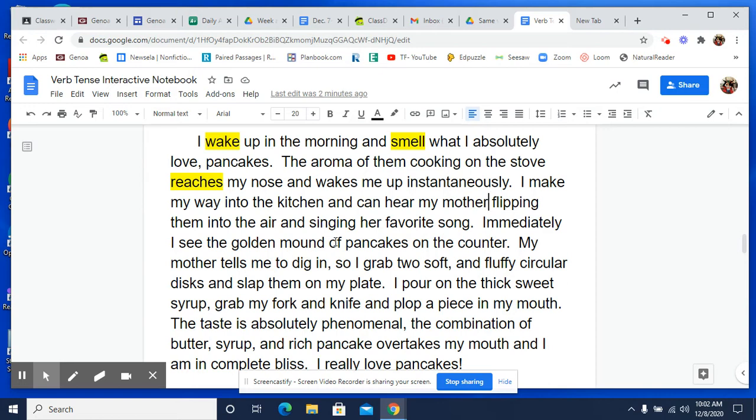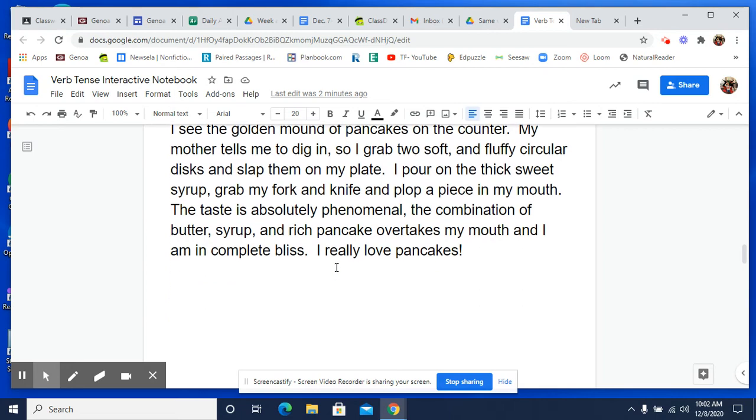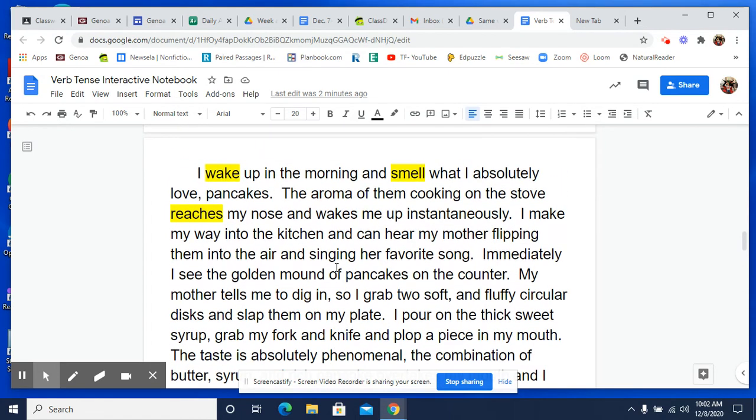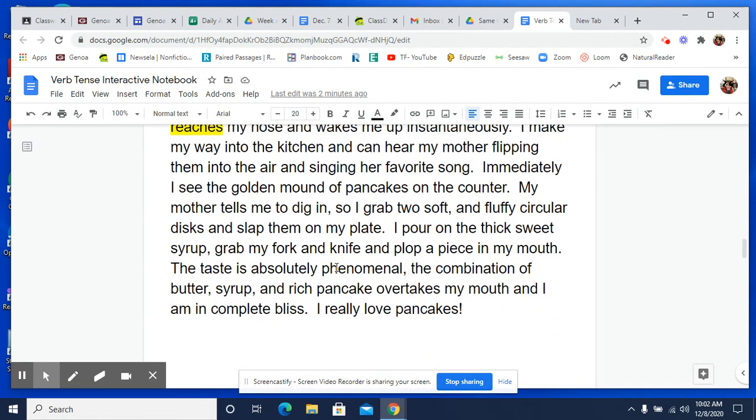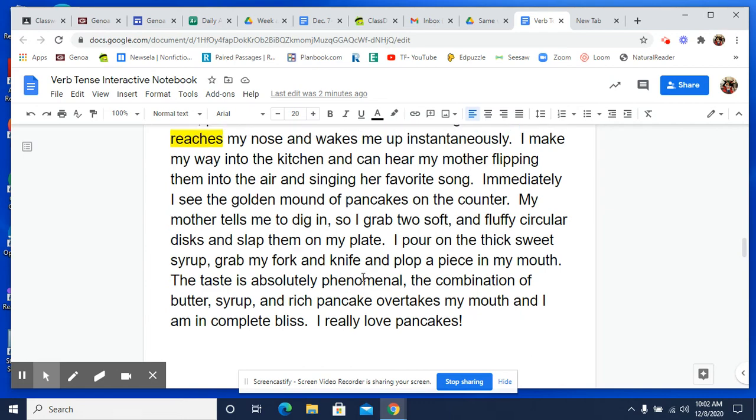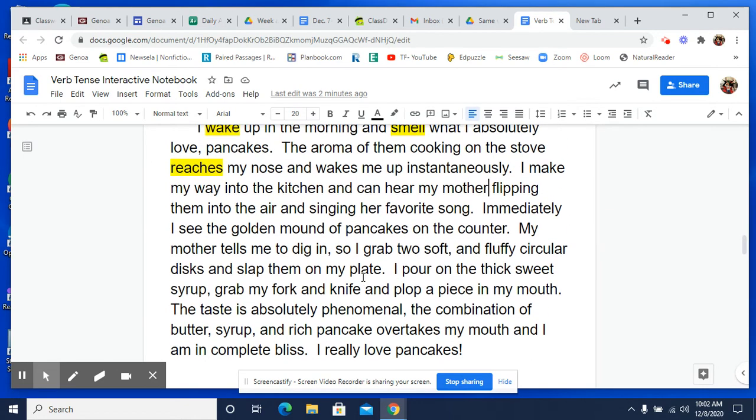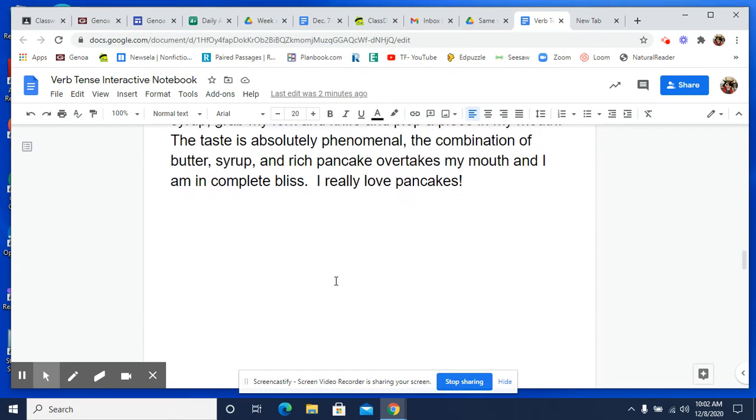This is more difficult to sustain or keep going throughout your whole story, the present tense. It is possible, but it is more difficult. So I would suggest when we start writing our story that you do past tense, but I'm going to leave that up to you. We'll talk about that more tomorrow.